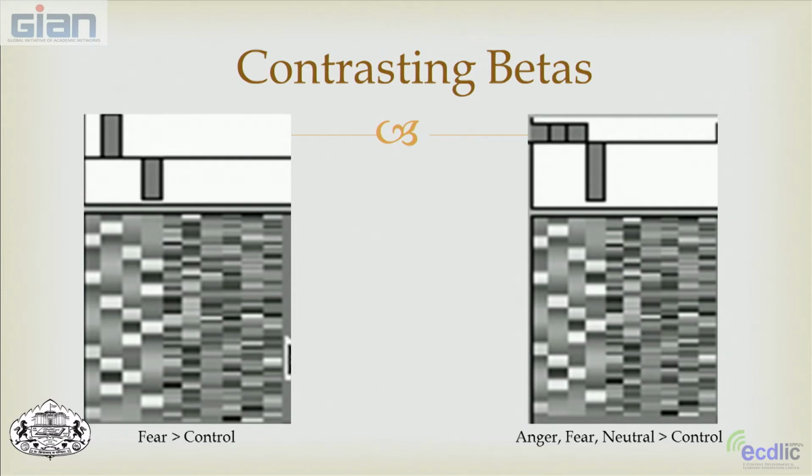So that will line up to the underlying columns here that we've designated for each condition. In the case of anger, fear, and neutral greater than control, you can see that it gave a value of 0.3 to each of those conditions and a negative 1 there for control. So that's a way you can go through and check that you've specified your contrast correctly in your model by looking at it visually.